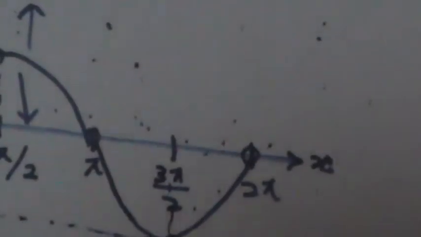Now I'll take some examples to explain the sine law and the cosine law. Take a simple triangle like this, in which this angle is 60 degrees, and this angle is 45 degrees, and the length of this side is 5.